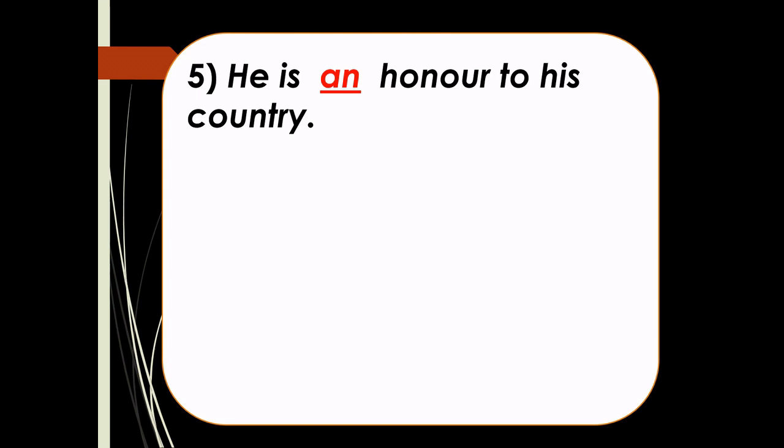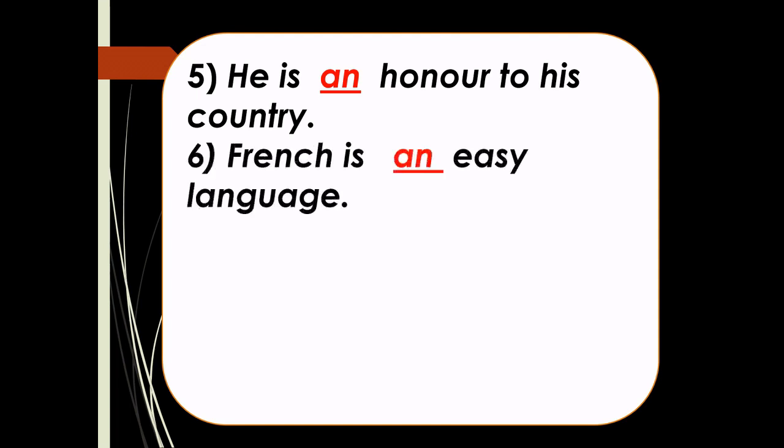Here the word honor is starting with a consonant, but it is carrying a vowel sound. That is why an is used with it. Number 6. French is an easy language. Here easy is starting with a vowel sound. That is why an is used here.